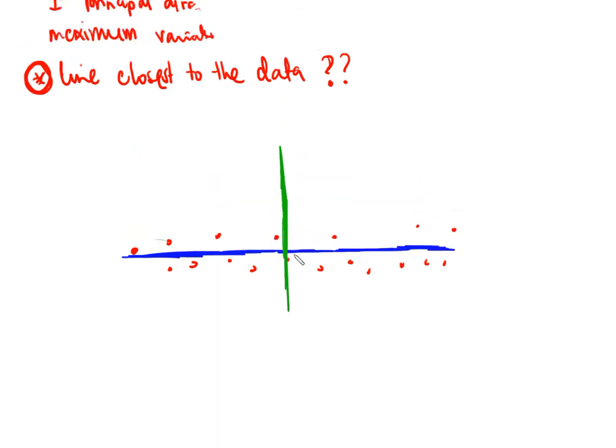Find a line that is perpendicular to our z1, and that becomes our second principal component, z2. It is a linear combination of the variables that is uncorrelated with z1.